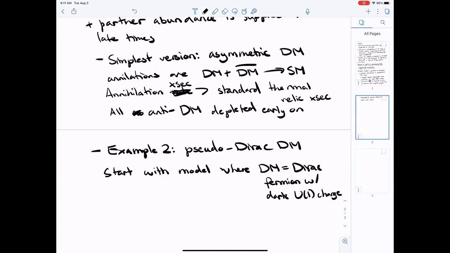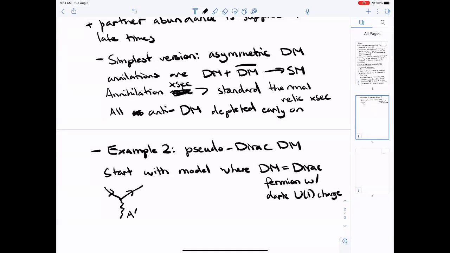So a Dirac fermion has 4 degrees of freedom, and it has an interaction with the gauge boson of my dark U(1) gauge group, which I'll call the A prime. That just looks like this. Okay, so it's just like an electron-proton interaction, but in the dark sector.